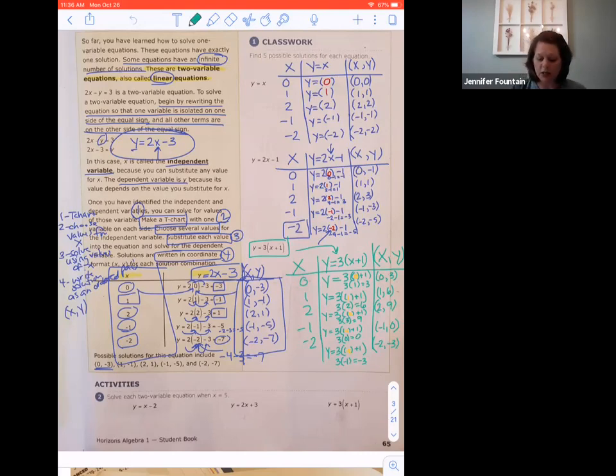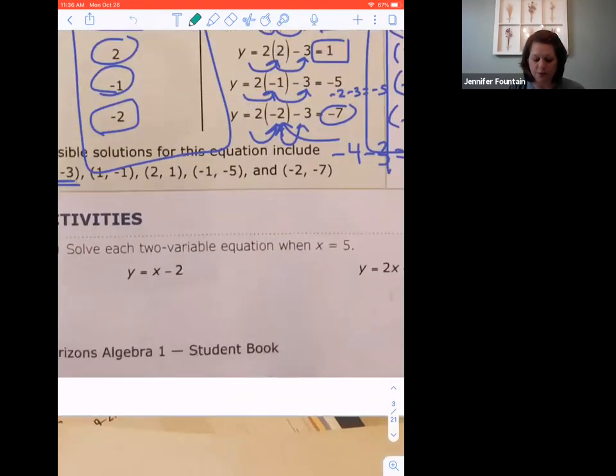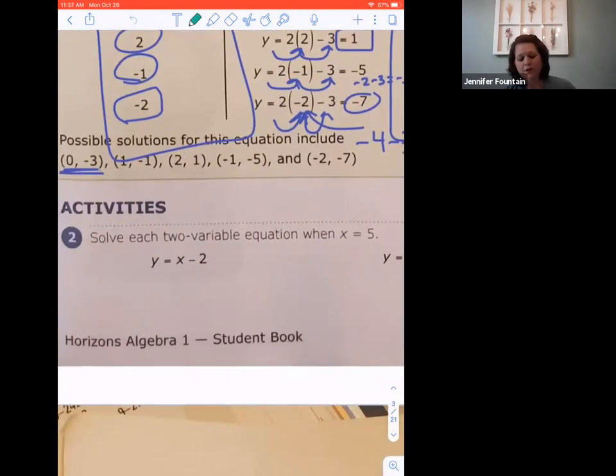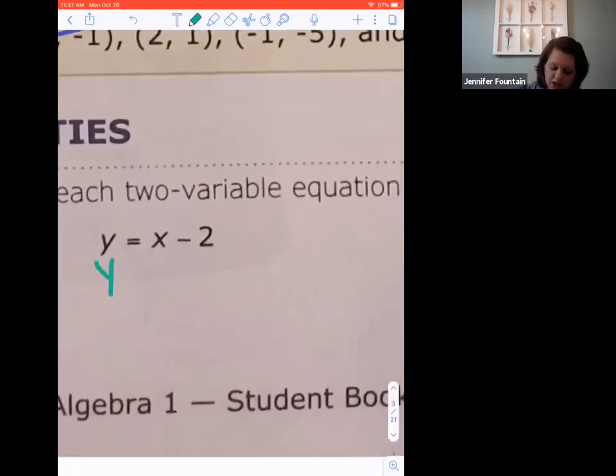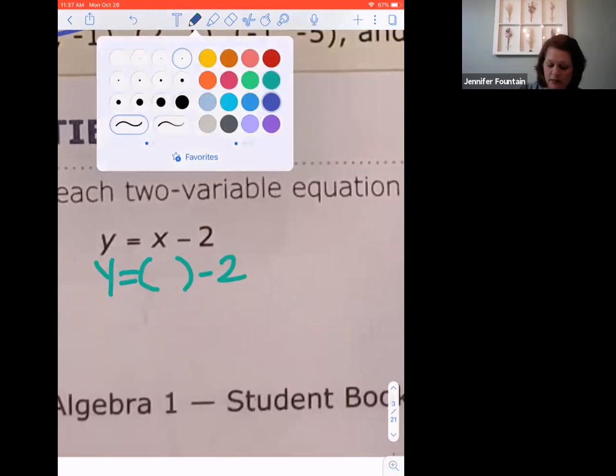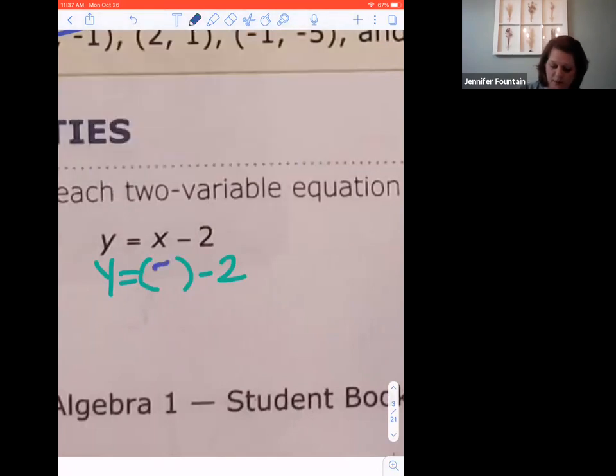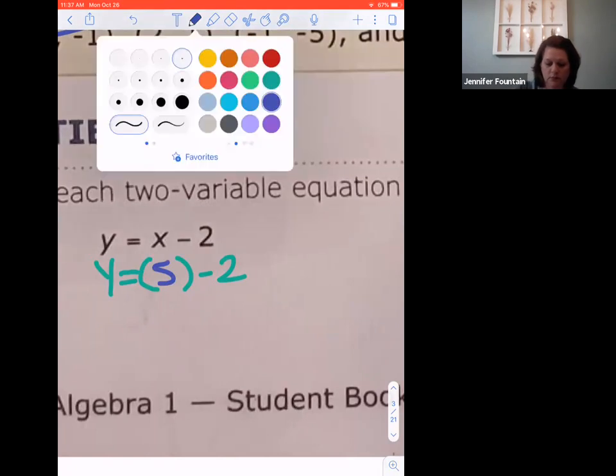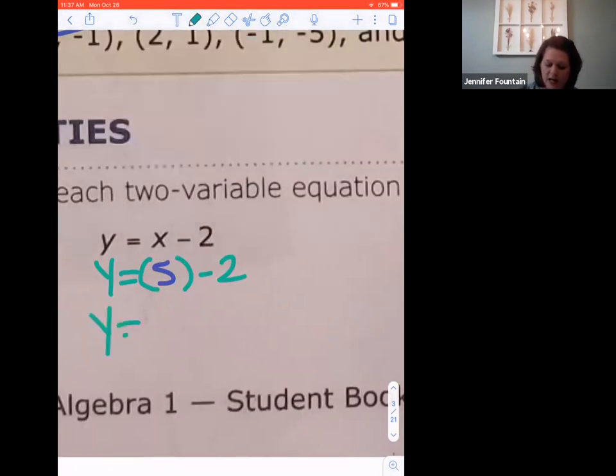All right, let's go ahead and look at activity 2 at the bottom of the page. It says to solve each 2-variable equation when x equals 5. So all this is saying is, let's substitute x is 5. So here I'm just plugging in 5 as x. So y equals 5 minus 2. 5 minus 2 is 3.